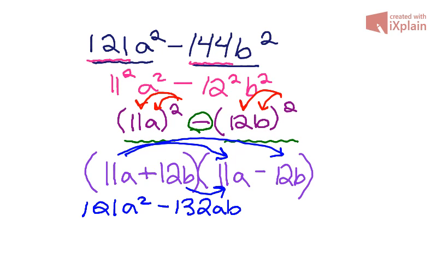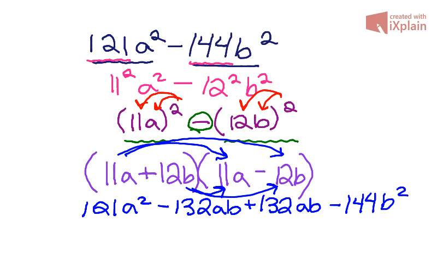Then we'll do our inners: 12b times 11a gives you a positive 132ab. And then you have positive 12b times negative 12b, which will give us a negative 144b squared.